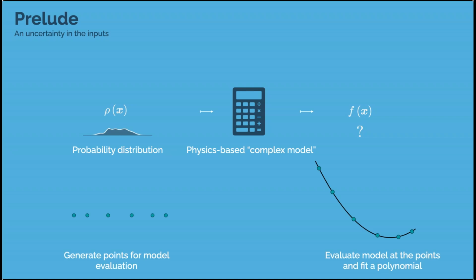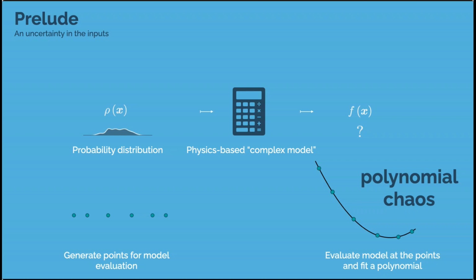And so the idea, as I'm sure you're all familiar with, was that you evaluate your complex model at a few quote-unquote quadrature points, and then you construct a polynomial through those points. Now, the science of it is really that you choose the points, or your design of experiment, if you will, based on the underlying probability distribution.